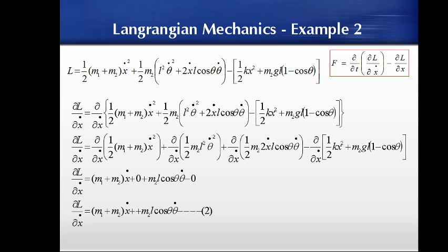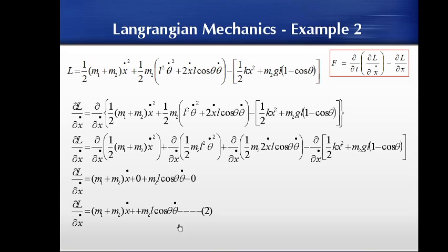So any term raised to 0 is equal to 1. So I'm getting m2 l cos theta into theta dot. Okay, so on neglecting the 0 terms here, I'll be getting the final expression as dou L by dou x dot equal to m1 plus m2 into x dot plus the additional term, m2 l cos theta into theta dot.